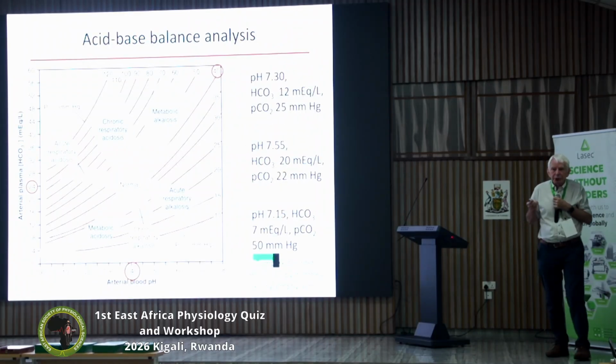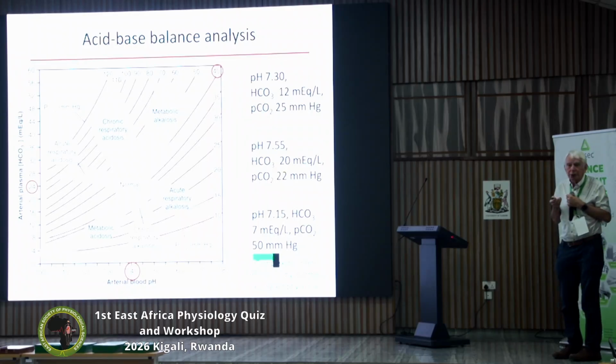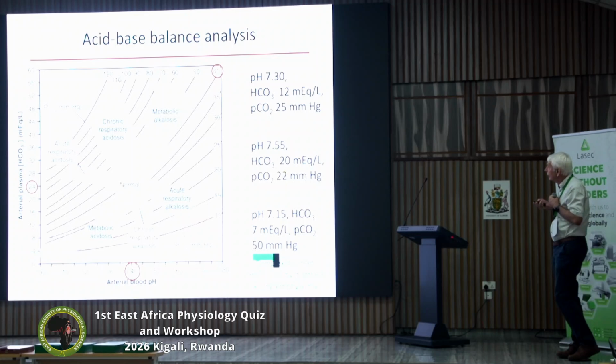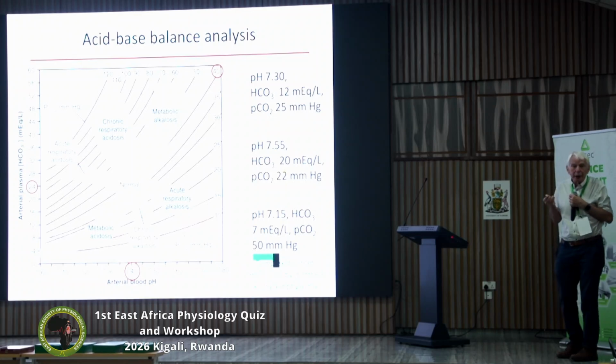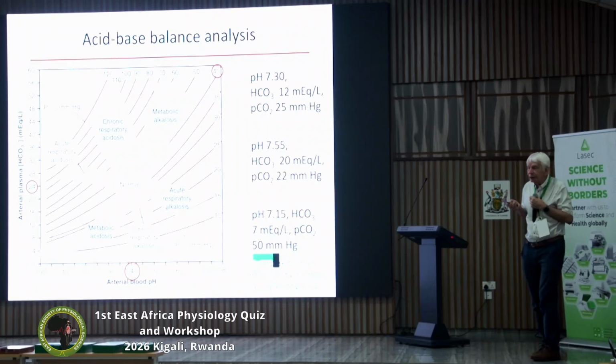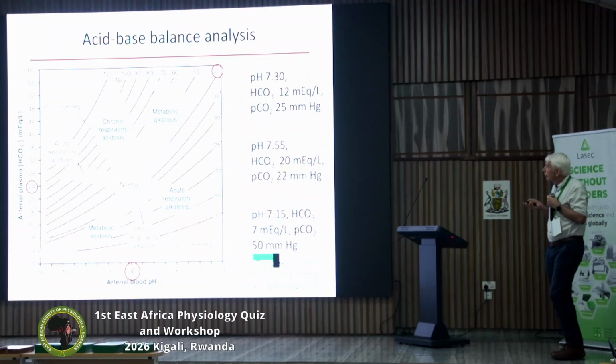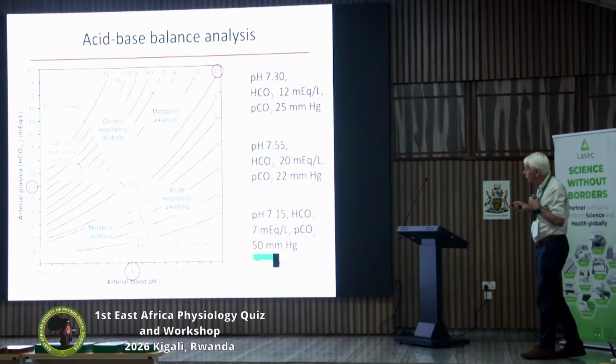The example which I would like to illustrate to you is based on the acid-base balance nomogram as it's in many of the textbooks, and this one is from the textbook of Guyton. So we know that acid-base is difficult, and understanding the balance is quite difficult.